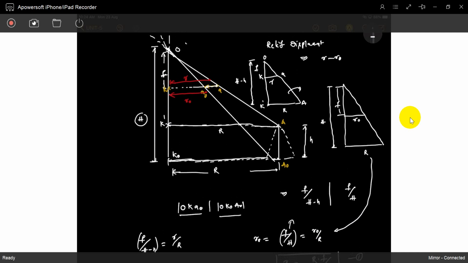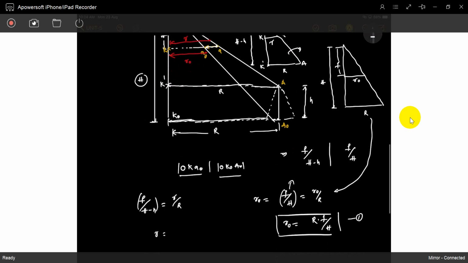What is scale? F by small h, f by capital H, or f by capital H minus small h. We already discussed scale. No need to write down these similar triangles again. It's a scale representation. What is r dash based on the ground? You can easily say it. So okay, now we can say r is equal to R f by H minus h.